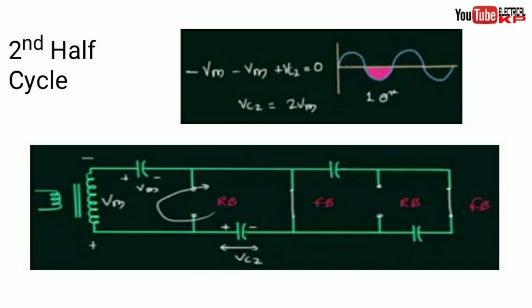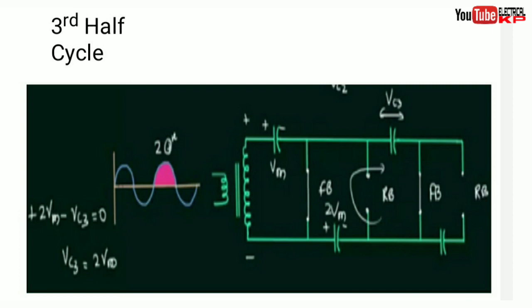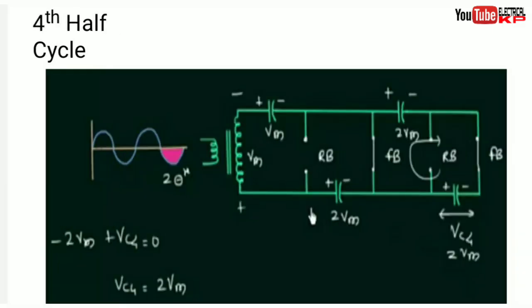After that, we consider the third half cycle, that is a positive half cycle. For the third half cycle, diode D3 will be in forward bias condition, so capacitor C3 will be charged, and the voltage across capacitor C3 will be 2 times the supply voltage, the same as that of capacitor C2. Same for the fourth half cycle.